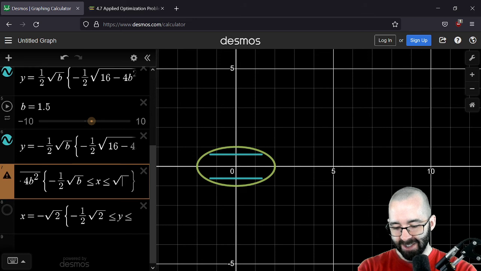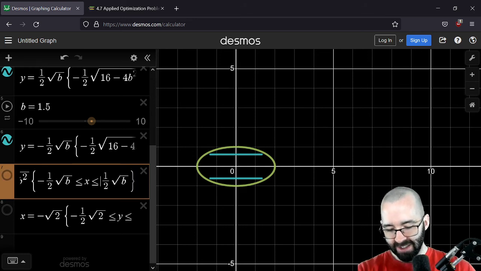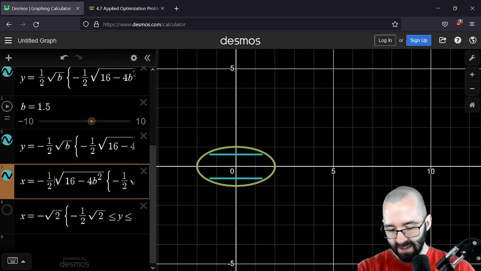I wasn't actually sure if this was going to work. I thought it was going to work, so I'm pretty excited that it is turning out to work. So that's going to be the left side.